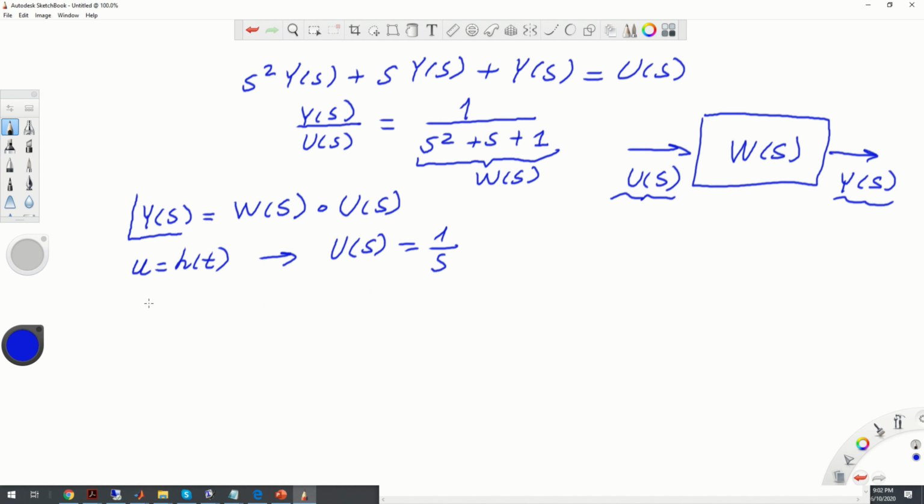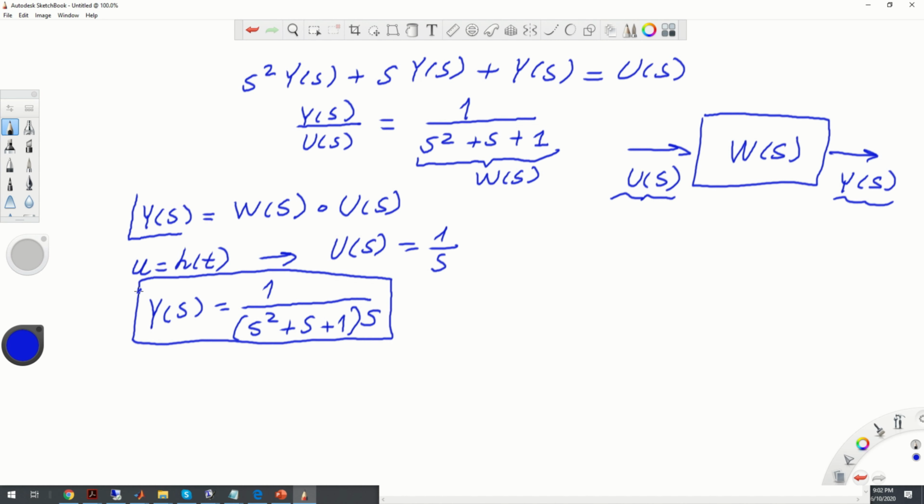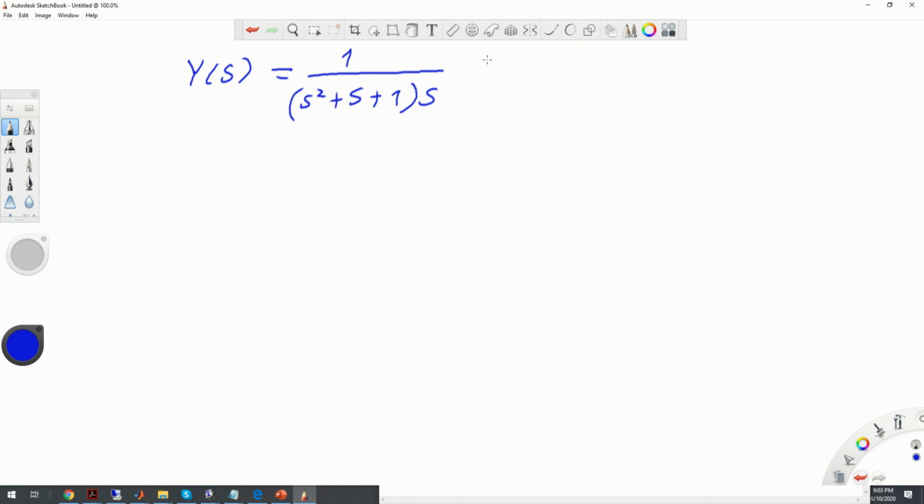Okay, now our output becomes, substituting this expression in the first equation, 1 over s squared plus s plus 1 multiplying 1 over s. Now, our next goal is to represent this function in the time domain. So we want to see how this function looks in the time domain. This means that we need to compute the inverse Laplace transform of y of s.